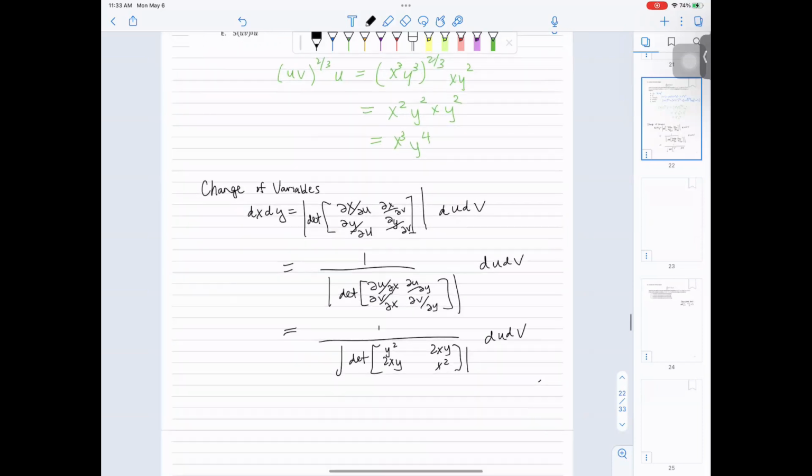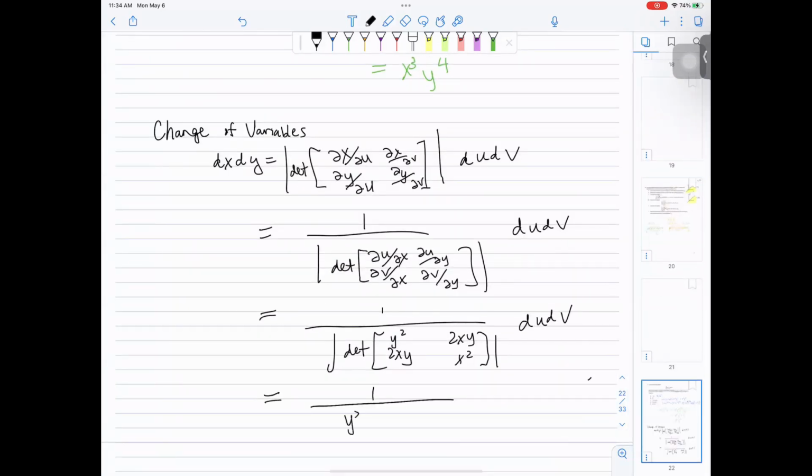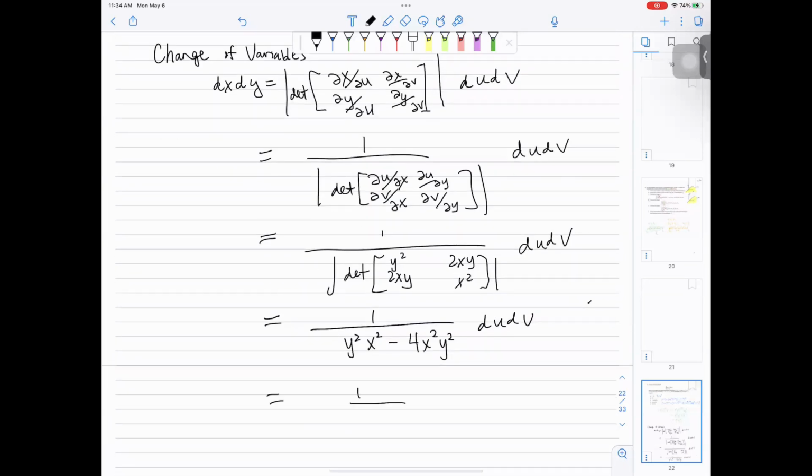du dv. That's 1 over y squared x squared minus 4x squared y squared du dv, which is 1 over negative 3x squared y squared.